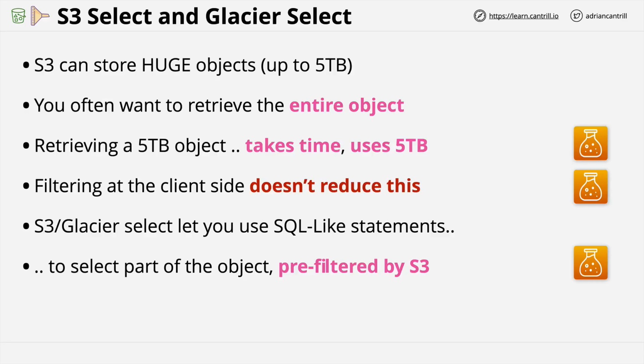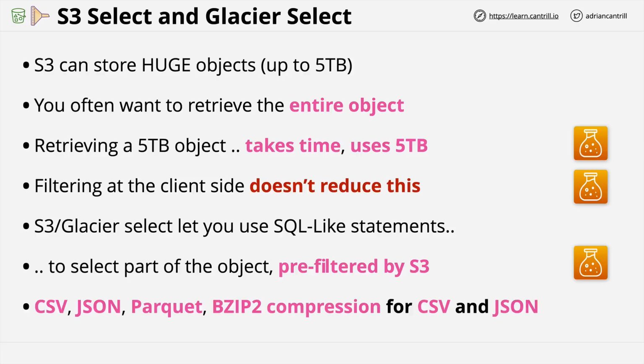So you only consume the pre-filtered part of that object, the part that you select. So it's faster and it's cheaper. Now, both S3 Select and Glacier Select allow you to operate on a number of file formats with this level of functionality. So examples of this include comma-separated values, JSON. You can even use bzip2 compression for comma-separated values and for JSON. So it's a really flexible service.